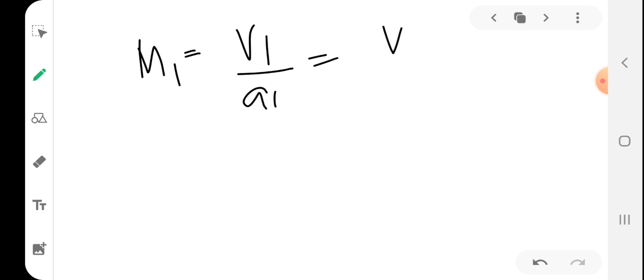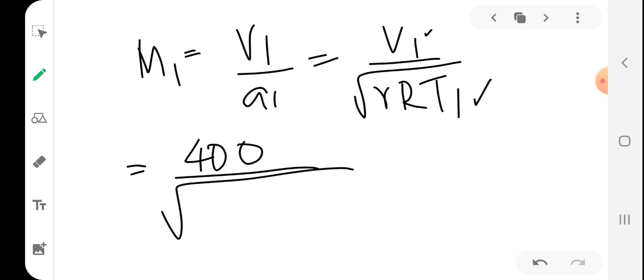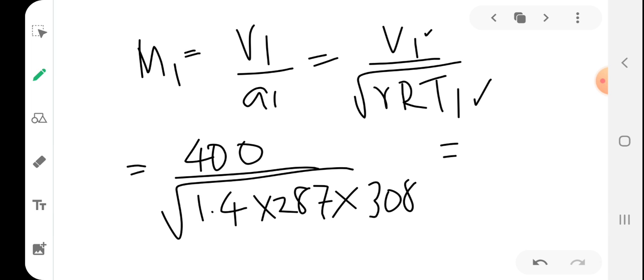V1 is given, A1 is root gamma R T1. T1 is known, V1 is known. M1 is 400 by root of 1.4 into 287 into 308, and the value is found as 1.14. So the Mach number in the upstream is found.